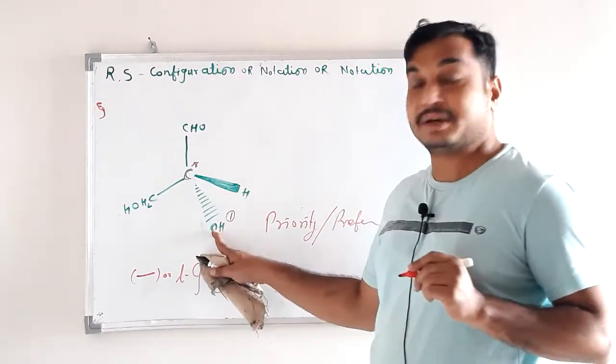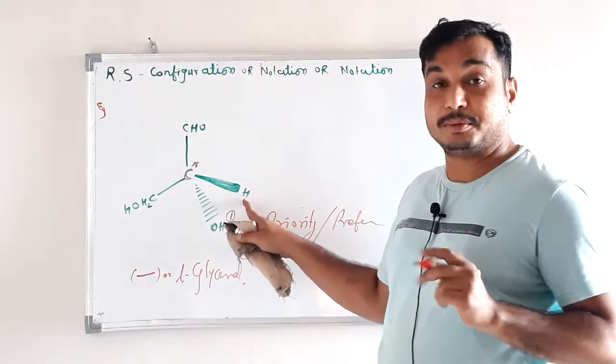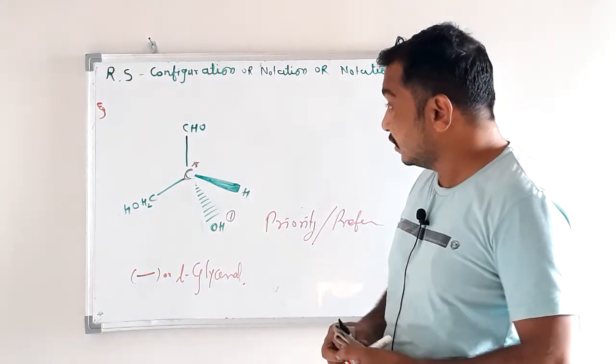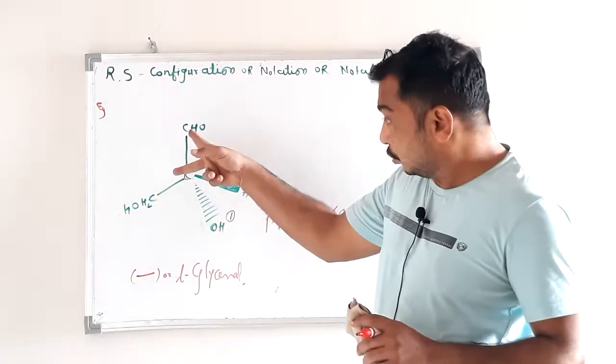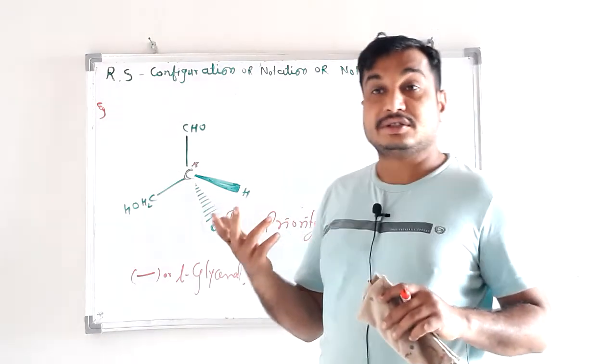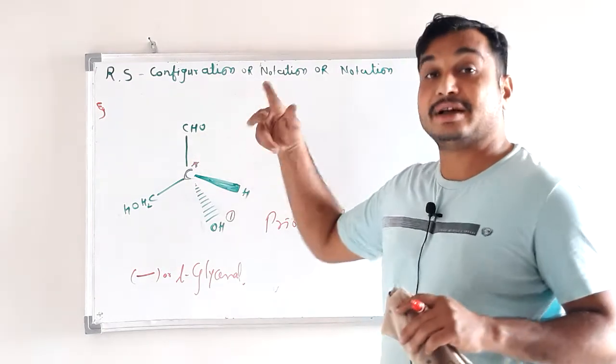Oxygen atomic number 8, carbon atomic number 6, carbon atomic number 6, hydrogen atomic number 1. So oxygen will be highest. Now next, carbon on both sides. Which carbon gets the second number? We already explained: this carbon is attached to oxygen by a double bond.